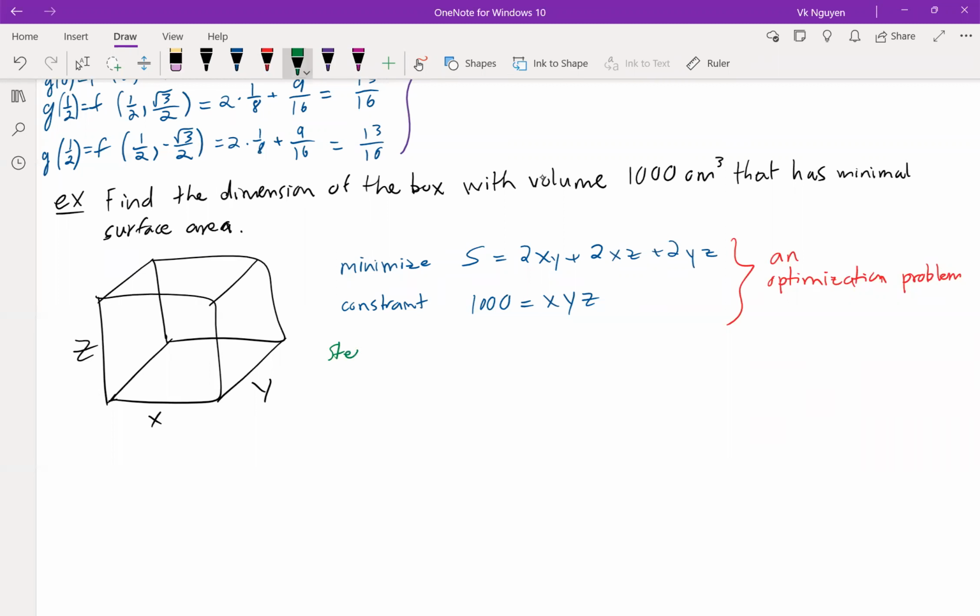So step one, use the constraint equation to reduce the number of variables in the objective function.